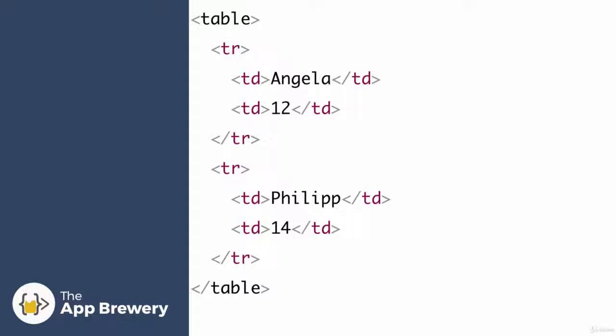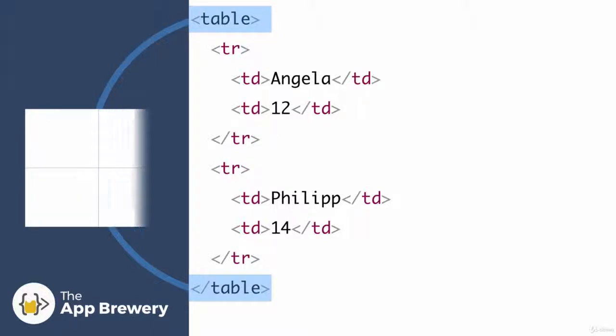Now, let's just quickly recap the HTML structure for creating a table. So to start off, we create this table tag and we also close it, and everything in between is the actual content of our table. So this just creates a simple table. Now, by default, your browser will style the table to not have any borders or padding or anything style related.